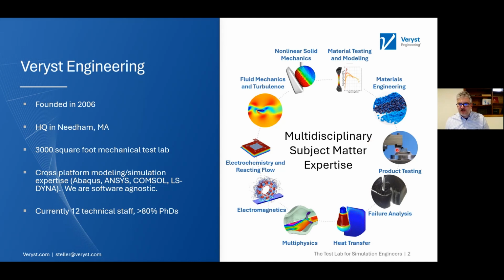Sometimes we also do product testing and failure analysis, and those are all areas that I work in. These other areas are ones that other people work in the firm: other types of multi-physics simulation, so heat transfer, low frequency EM, fluid mechanics and turbulence, fluid structure interaction, reacting flows, all those types of things.